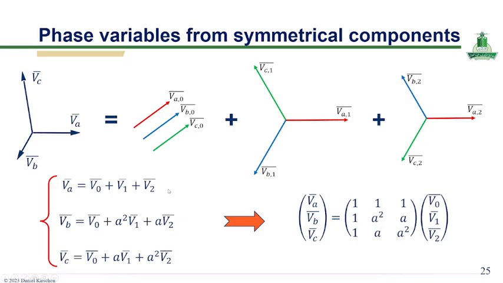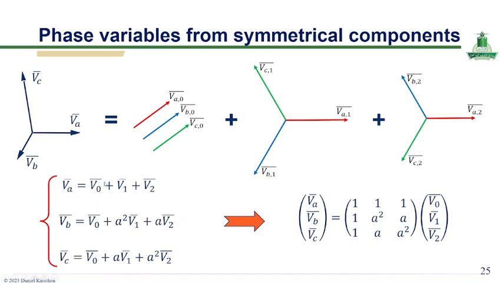So in this slide, I want to explain how phase variables can be reconstructed from symmetrical components, which is a key concept in fault analysis of three-phase power systems. Instead of analyzing each phase directly, we can decompose the system into three balanced sets: zero sequence, positive sequence, and negative sequence components. As shown in this slide, each phase voltage is expressed as a combination of these components.